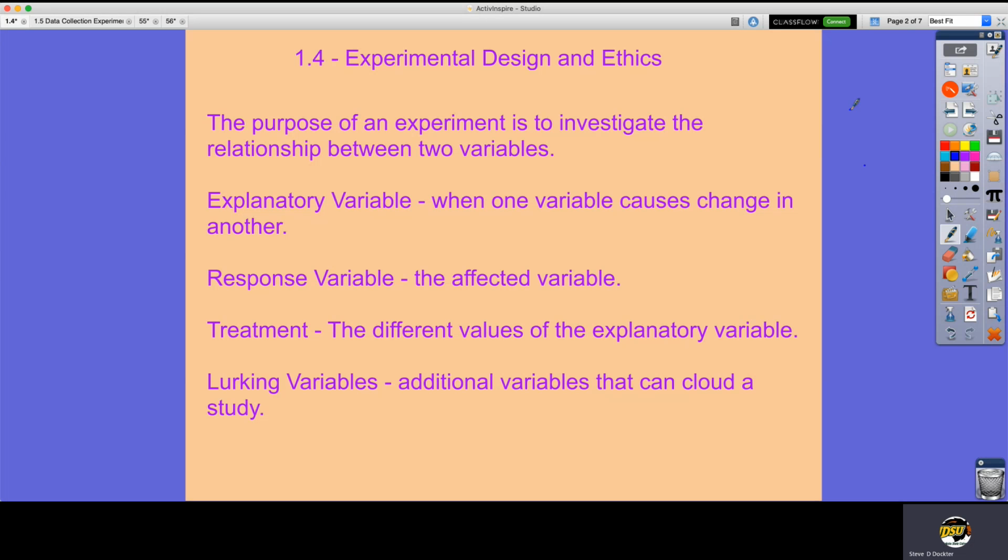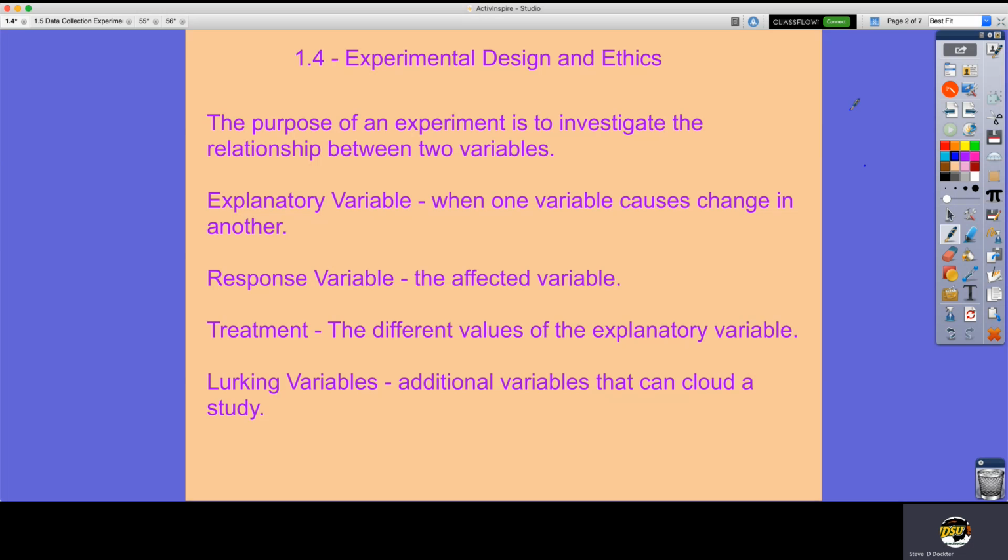All right, the response variable is just what is affected. Okay, so for this one, the response variable would be how many people go to the game. The explanatory variable would be, say that we would have a storm tonight. We're not supposed to, but say that we did. Okay, the percent chance of us getting a storm would cause the other variable to change.